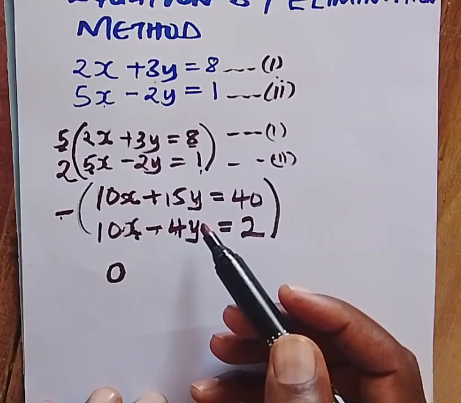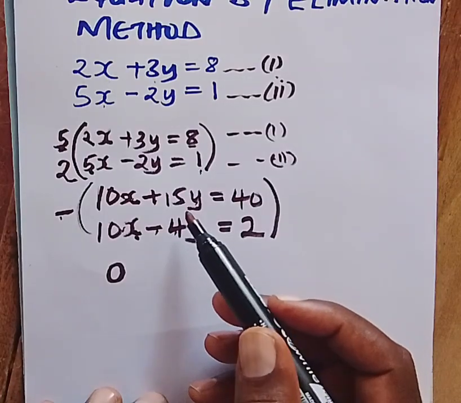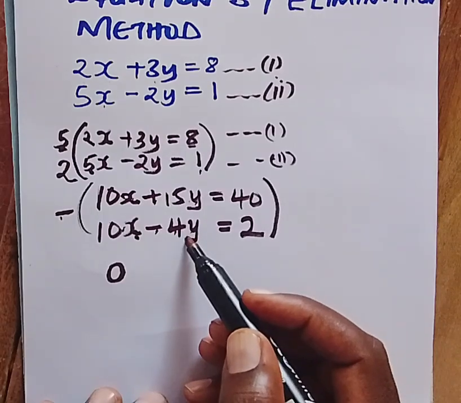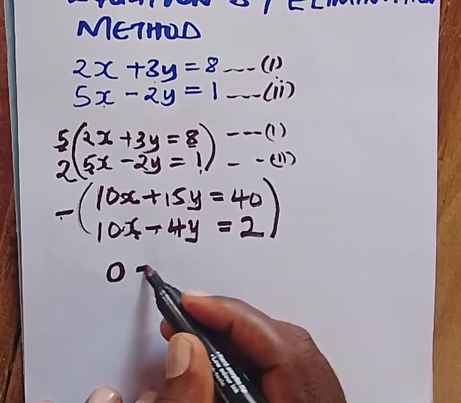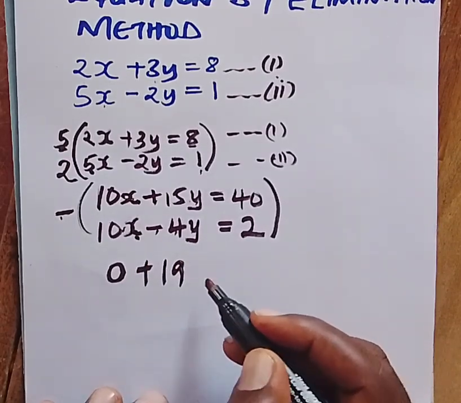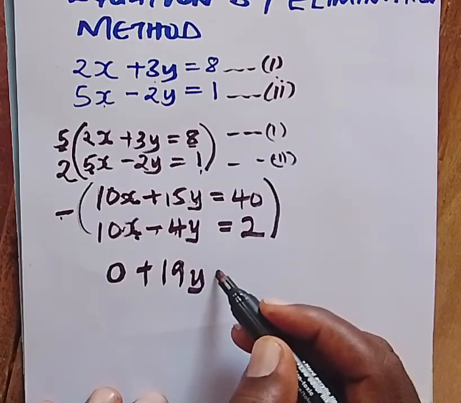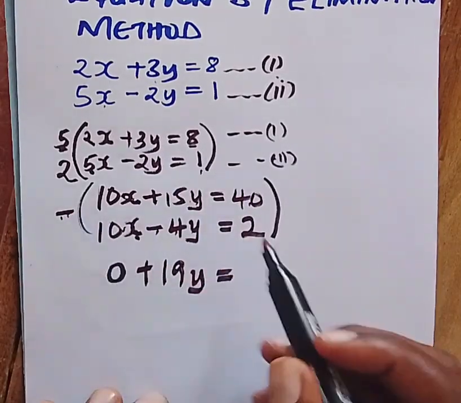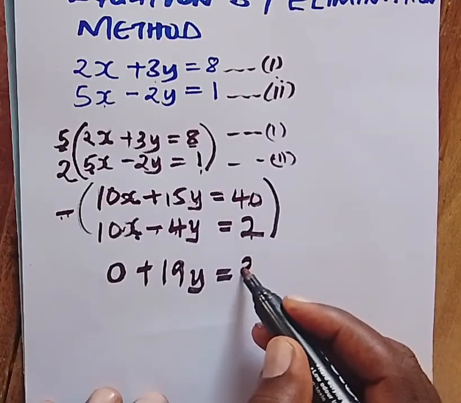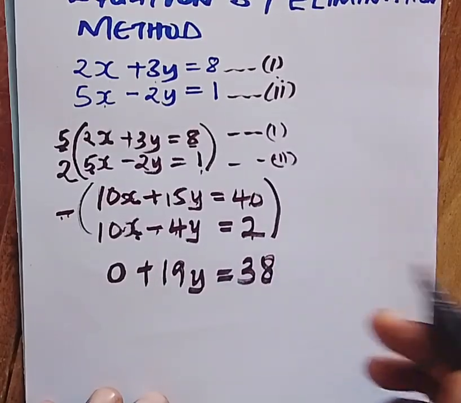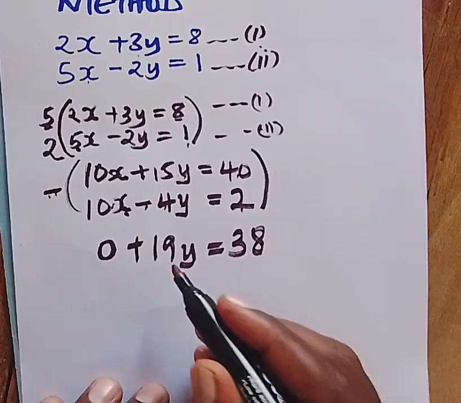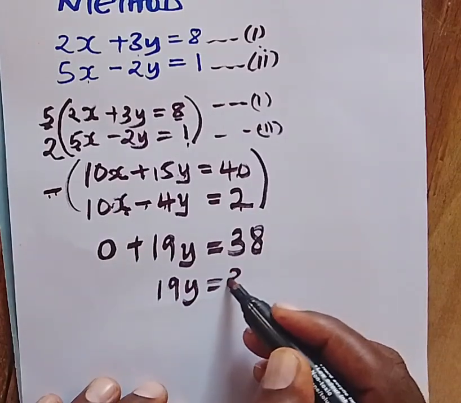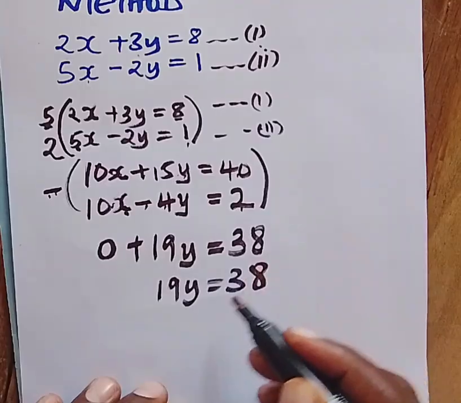Minus gives you plus, and minus a minus 4y makes it 15y plus 4y. I get 19y is equal to 40 minus 2, which is 38. So this is simply 19y is equal to 38.